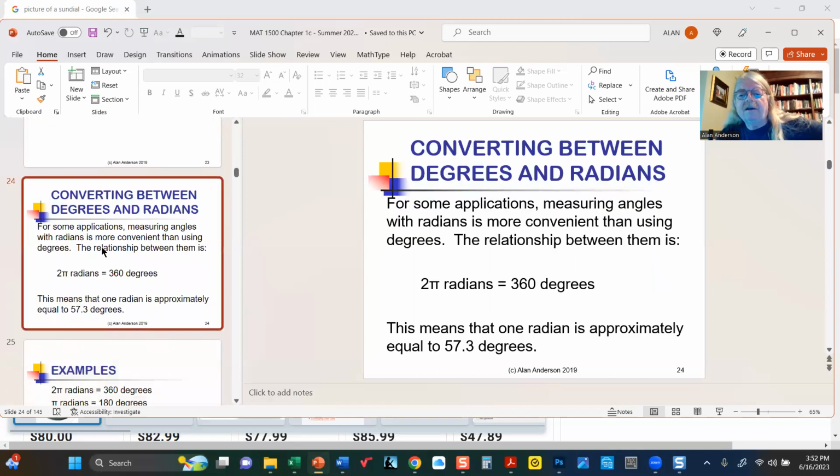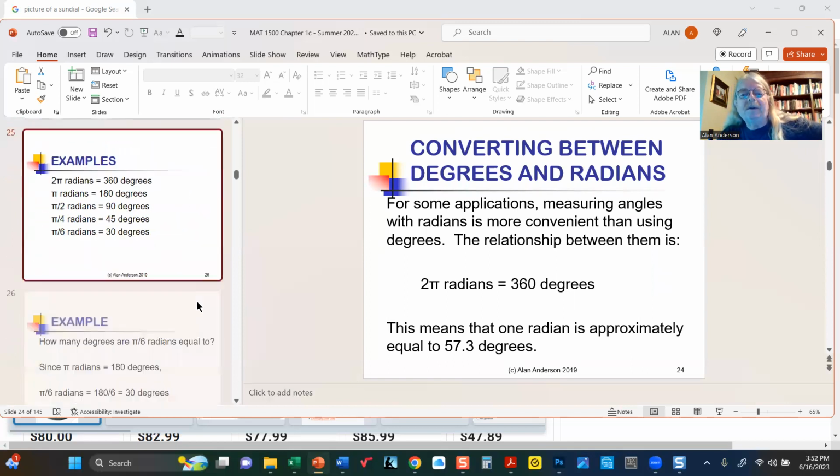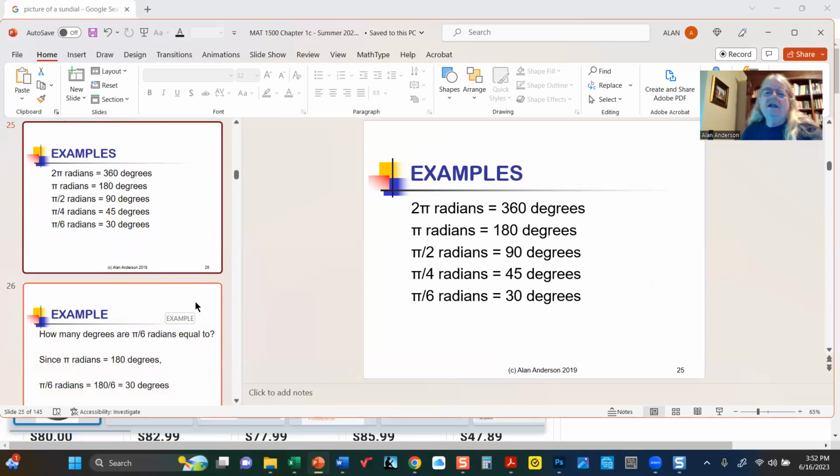Okay, now here, radians, degrees. The most important thing to remember with this is that, in my opinion, the best way to mentally think about radians is that pi radians is the same thing as 180 degrees. All the rest just follow along algebraically.